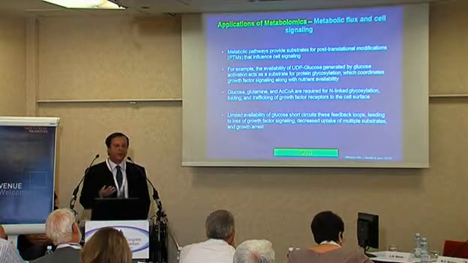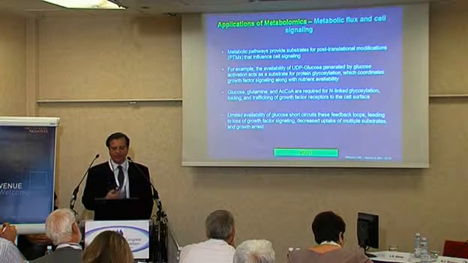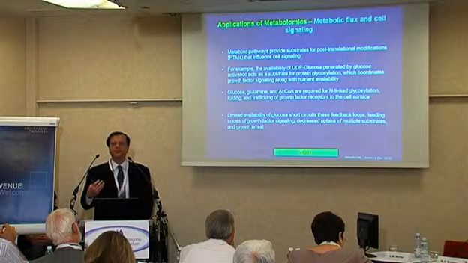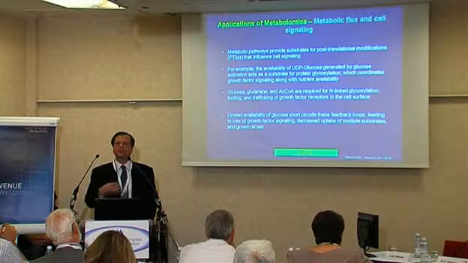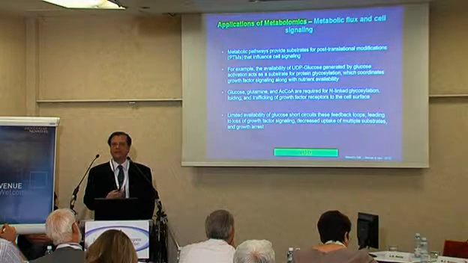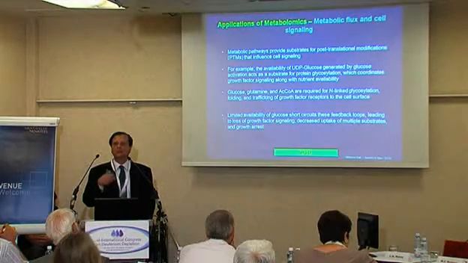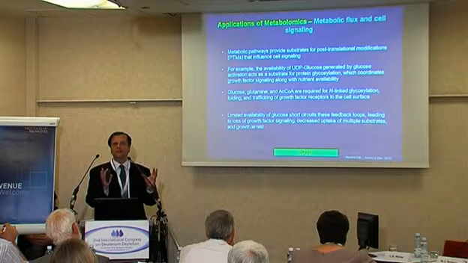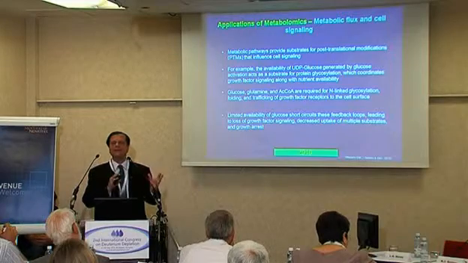In turn, when there's limited availability of glucose or other substrates for cell growth, this whole system will shut down. So this supports two ideas. One is that these substrates are in fact important in regulating cell signaling through secondary modifications, and indeed they supply the building blocks for RNA and DNA synthesis, which is one of the crucial processes in unlimited cell proliferation.